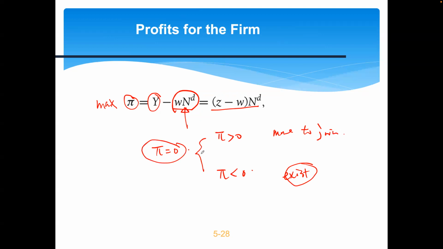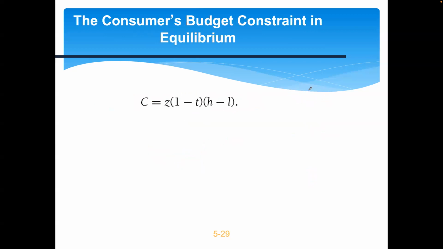Because in either case, you're going to change the status quo. If profit is high, more firms will join, and more competition brings down the profit. If the profit is too low, then people start to leave until they just break even. So you can see that's the benefit of using this linear technology. You end up with W equal to Z. Now we just plug in, and hence we have the consumer's budget constraint.